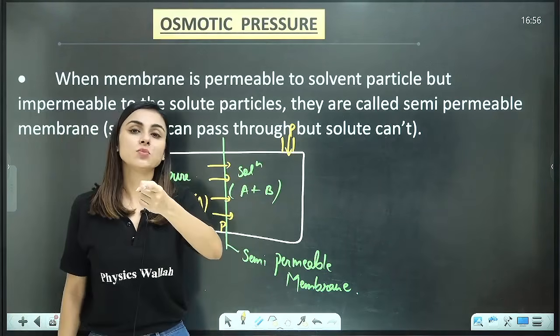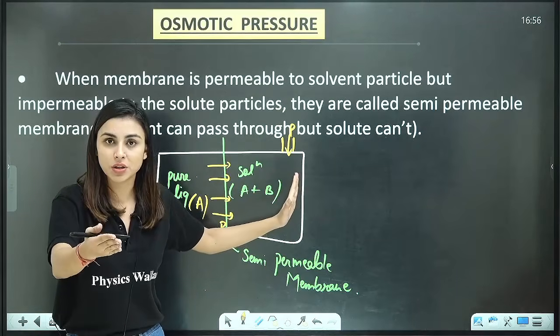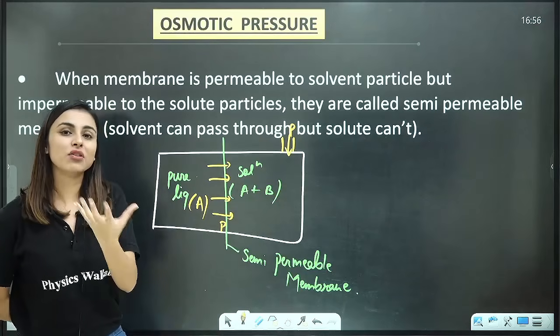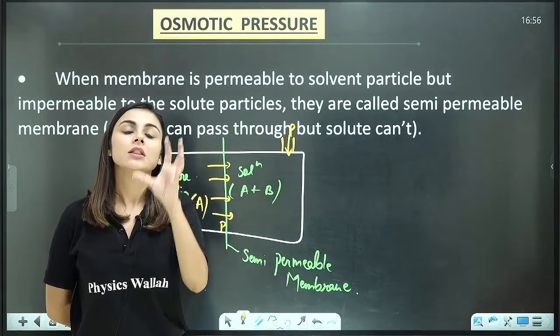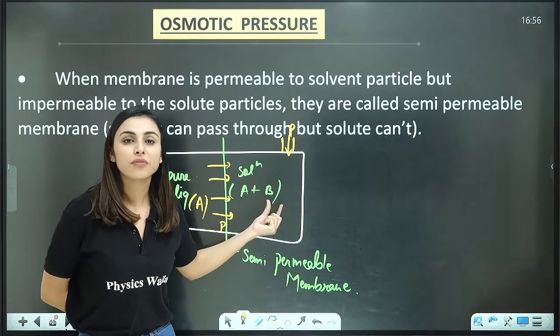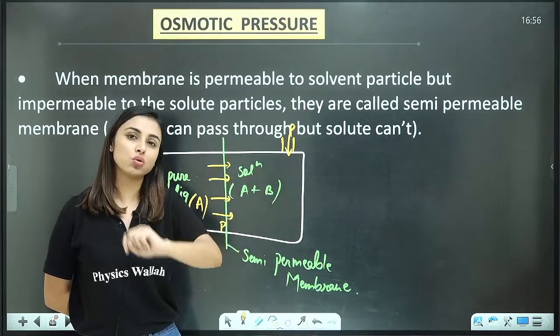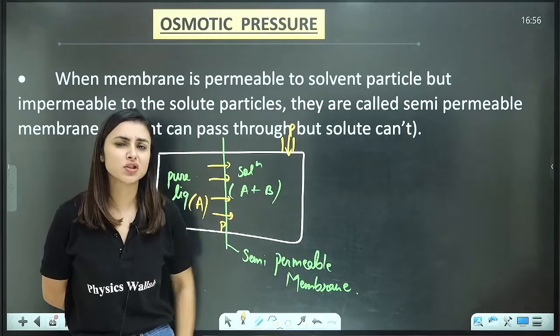When can you stop this movement? Only when you apply the pressure which is equal to the osmotic pressure. So you have a different definition for osmotic pressure as well. The pressure applied to stop the movement of pure liquid to the solution side is also known as the osmotic pressure.